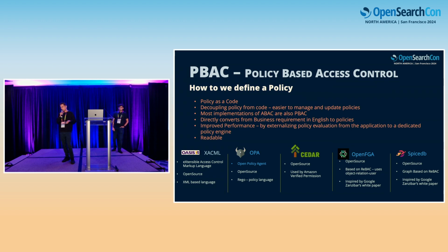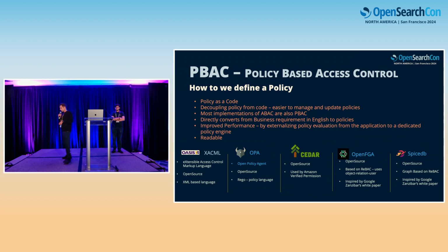It improves performance by externalizing the policy evaluation from the application to a dedicated policy engine, which means if you want to scale up your policy engine or decision engine, you can scale it up. Maybe your application is scaled down because you have a lot of different policies being executed. And finally, it is readable. Any person can read it if they know it. It can be easily converted to English language.